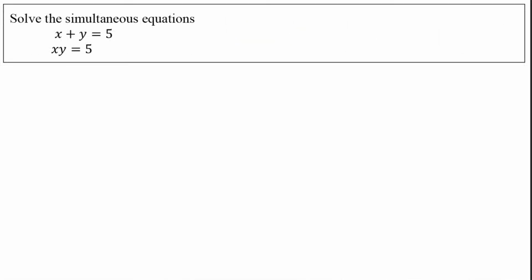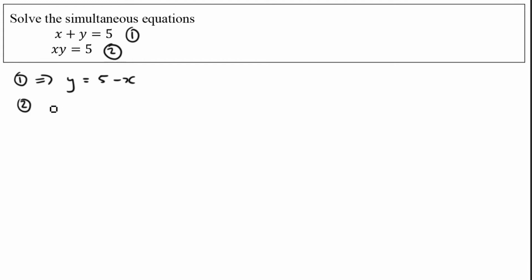We may have a quadratic equation which doesn't actually have a square in it. If we multiply an x and y together, that still counts as quadratic. So can we solve the simultaneous equations x plus y is 5 and xy is 5? Well, equation 1 is easily rearranged to give us that y is 5 subtract x.